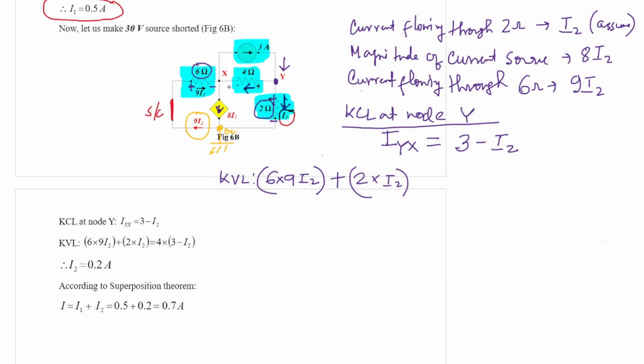The potential drop across the 4 ohm resistor is subtractive, so this is equal to 4 into (3 minus I2), that is the current IYX. If you solve this, you will get I2 is equal to 0.2 ampere.